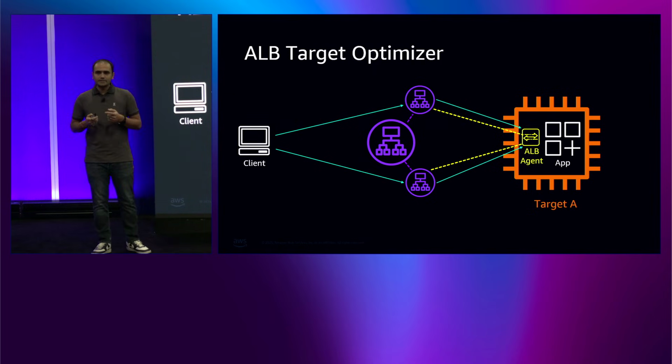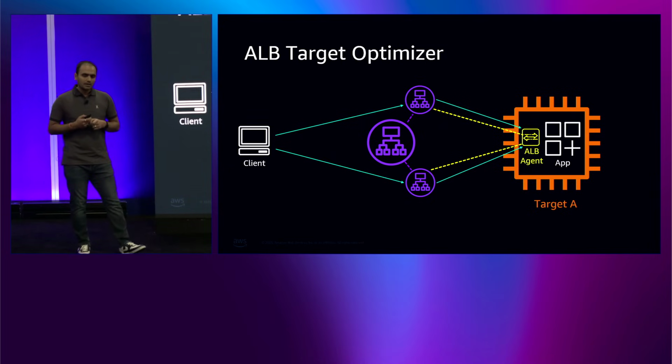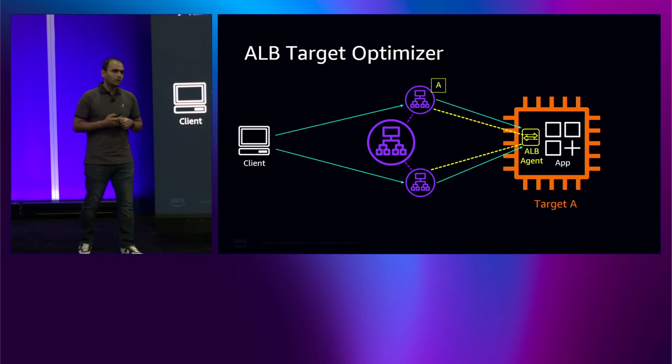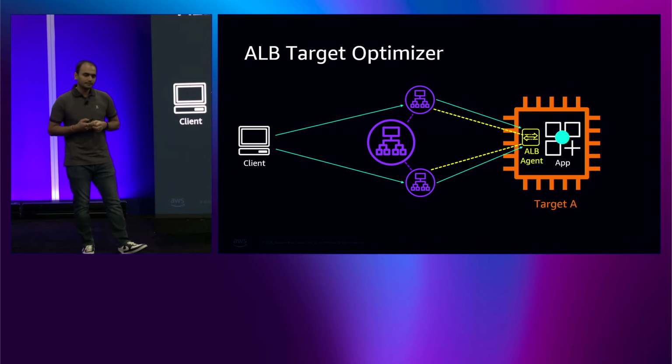This management traffic is necessary for Target Optimizer to work. And the moment the agent determines that the application is capable of processing one more request, it sends a signal to one of the nodes. The node registers that signal, and when a request arrives on the node, it knows that it can send that request to target A.